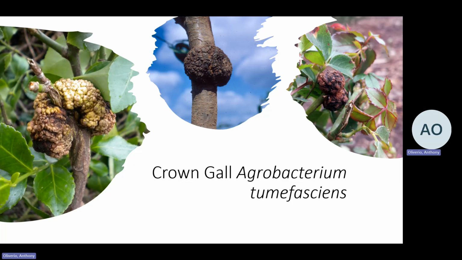It's like a plant tumor there. And what happens is this bacterium will hijack the DNA of the plant, insert part of its own DNA into the plant's DNA, and force the plant to produce compounds that benefit that bacteria. It's crazy.